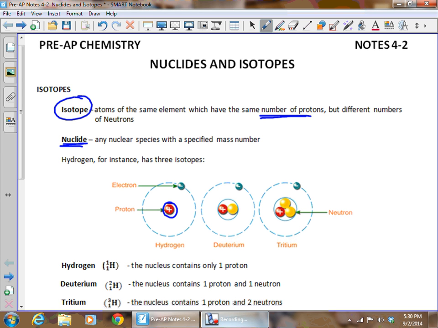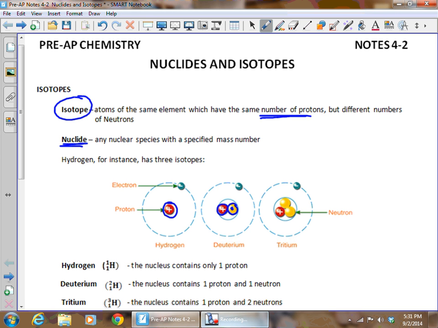But sometimes hydrogen has a neutron in it, so we end up with 1 proton and then 1 neutron with that neutral charge, and we have deuterium, a different isotope. It's still hydrogen, but since it has a different mass number, it's a different isotope of hydrogen.